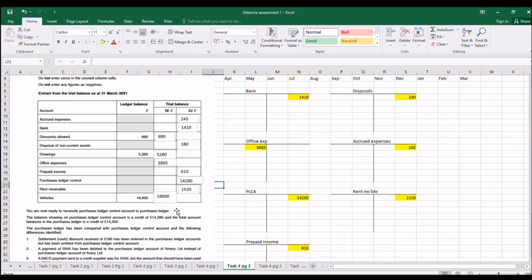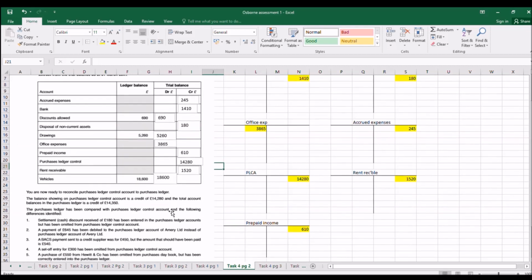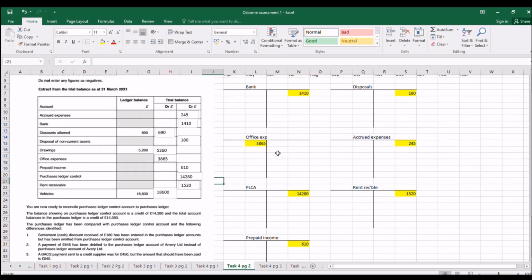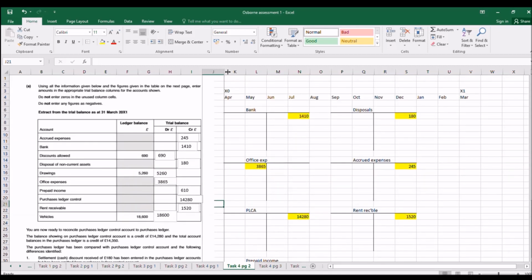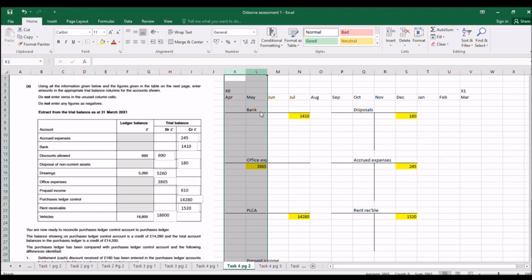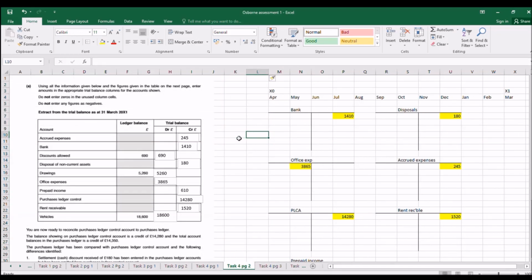Shame really it hasn't put the figures in at the bottom there to give us a space to be able to do it. We could, if we wanted to, which is what we're going to do now, make sure that we just test this. So let's insert 2 columns there and put these figures in our debits and credits, because what you're given here is an opportunity to test whether you're right or not, because will it balance, and you're being tested to see whether you'll actually do that. 690 and 180, yeah, 5260, 3865.